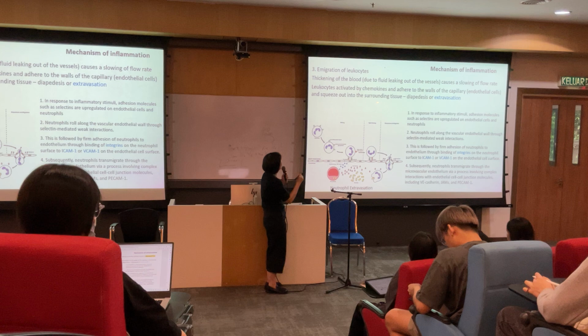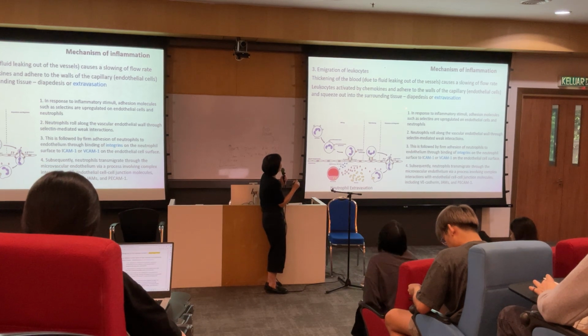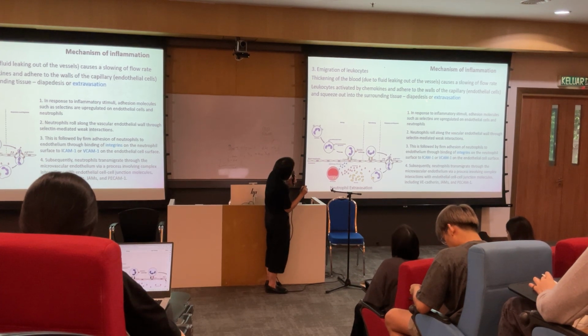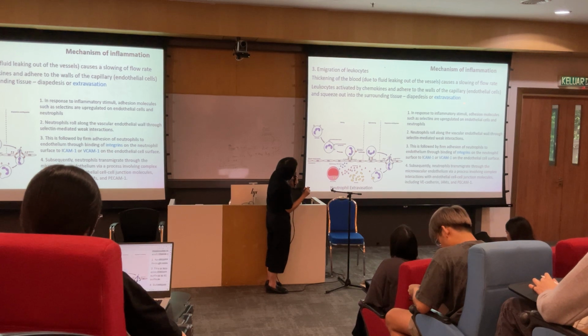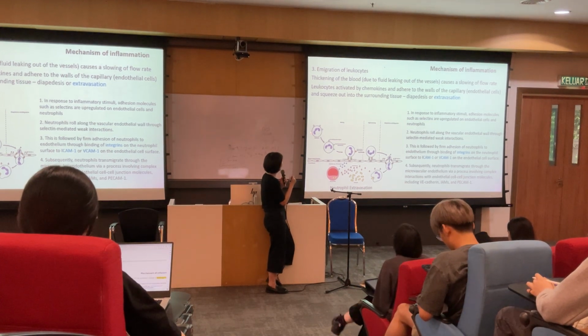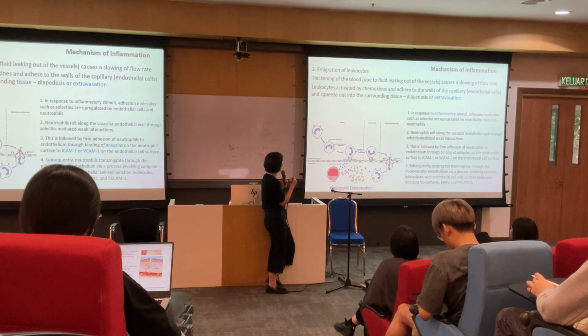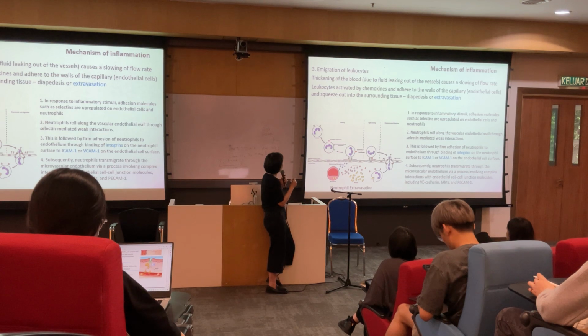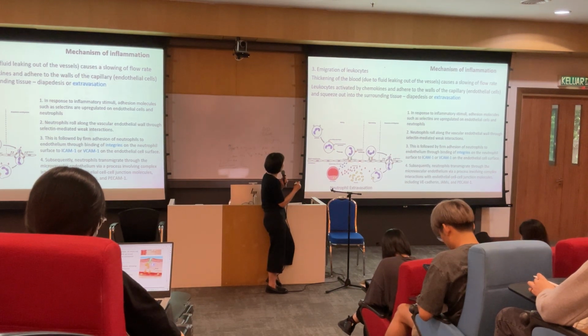This mechanism is so-called diapedesis, or extravasation. What happens is, look, this is a neutrophil, or a macrophage, whatever you can imagine. Neutrophils have receptors on the cell surface. This is the blood vessel.